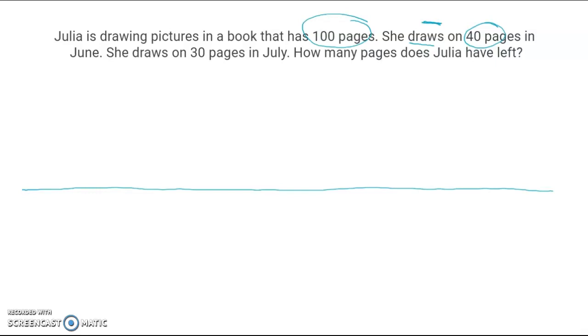I can see she draws, again, more drawing on 30 pages in July. So now she's used up 30 more pages. I know that is representing subtraction. And I want to figure out how many pages she has left inside her notebook.